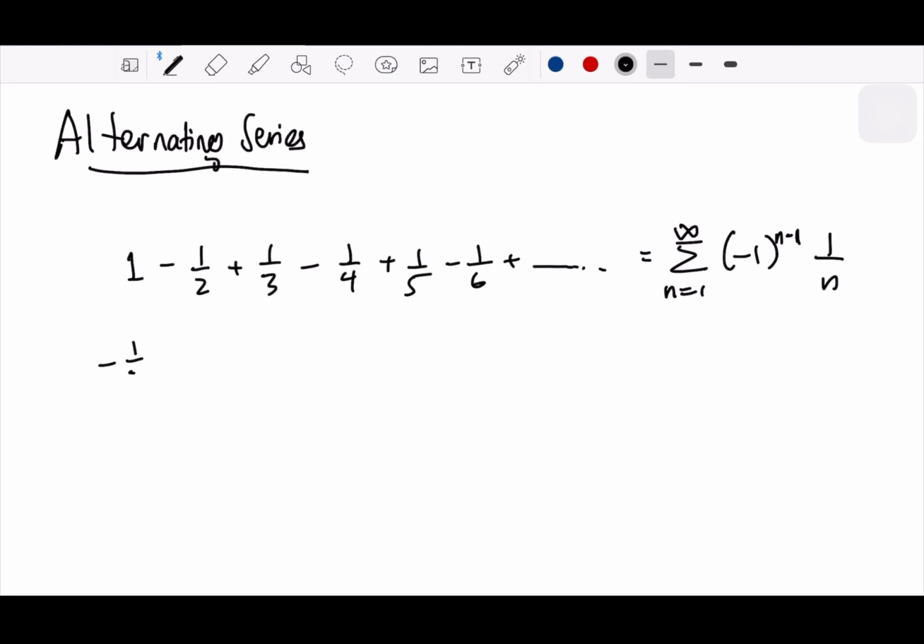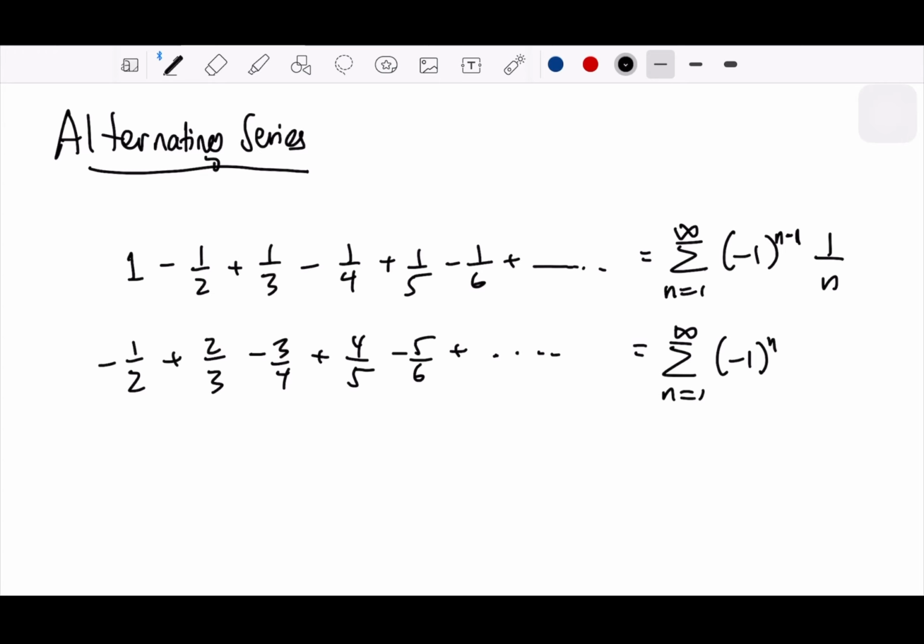Or we have negative half plus 2 over 3 minus 3 over 4. This is just an example. So using negative 1 to the power of n, or negative 1 to the n minus 1, or n plus 1, we have also other terms. If you have negative 1 to the power of n, then the series should have alternating signs.